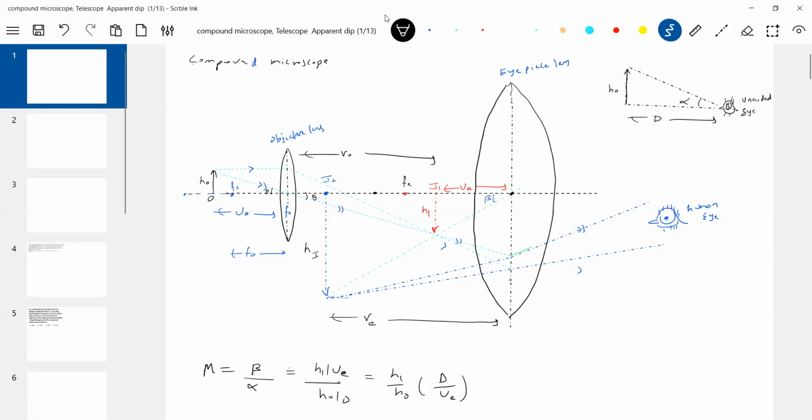From tan theta, HO by U naught equals H1 by V naught. So H1 by HO is V naught by U naught. Therefore this becomes V naught by U naught times D by UE. This is the expression for magnifying power, not magnification.